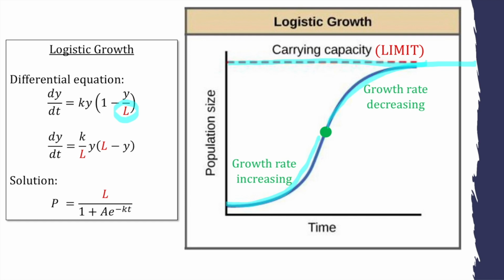It's concave down, which means right in the middle, where that inflection point is, is the maximum growth rate, and it occurs when the y value is L divided by 2, or half the limit. So it's going to grow, grow, grow, and then when it reaches half of its carrying capacity, the growth rate slows, which makes sense, doesn't it?